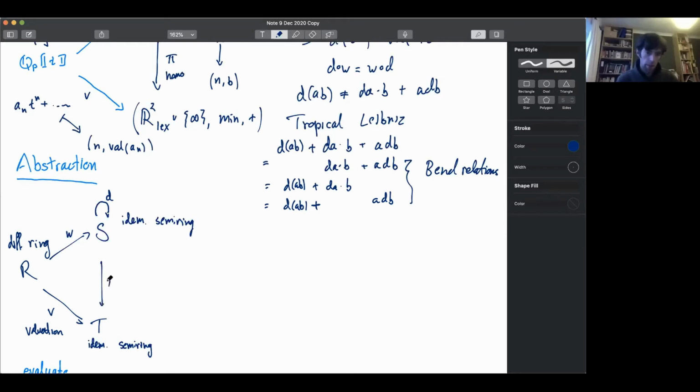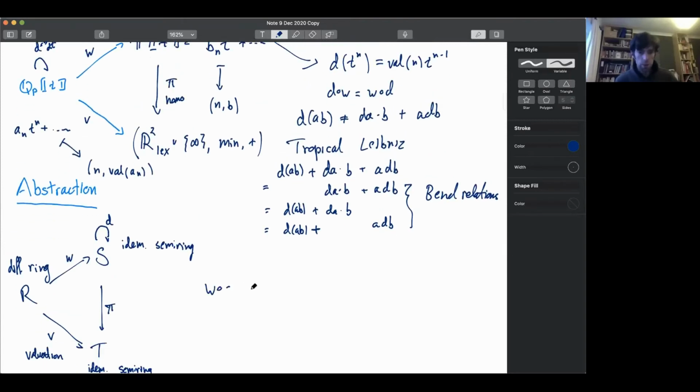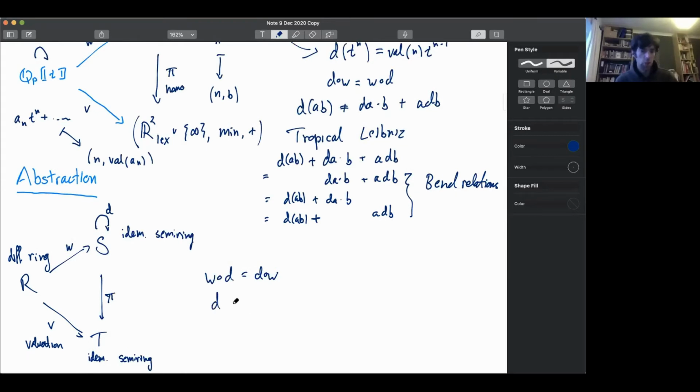And I've got a map pi here. So the whole structure that I outlined up here, we're supposed to have W composed with D equals D composed with W. So W intertwines the two differentials, and D satisfies tropical Leibniz. The D on S, I should say. Okay, and this triangle is supposed to commute.